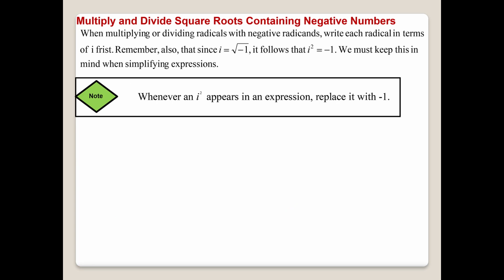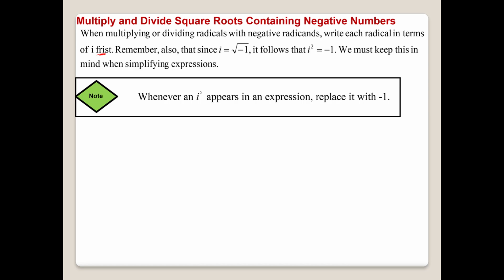Alright, so multiplying and dividing square roots containing negative numbers. When multiplying or dividing radicals with negative radicands, write each radical in terms of the i first.